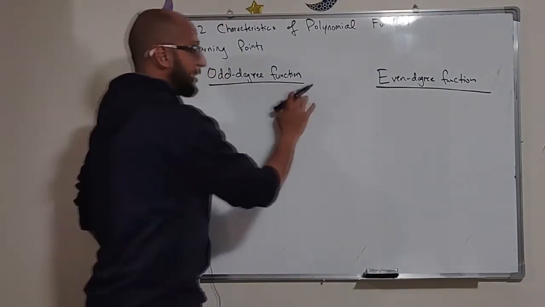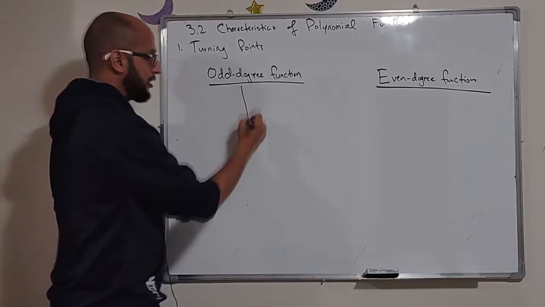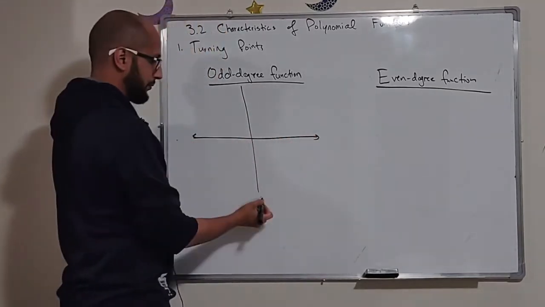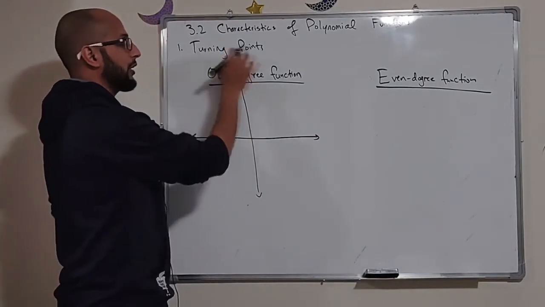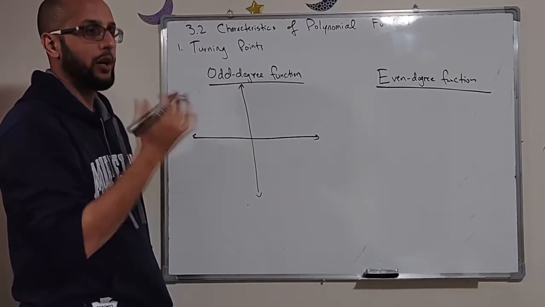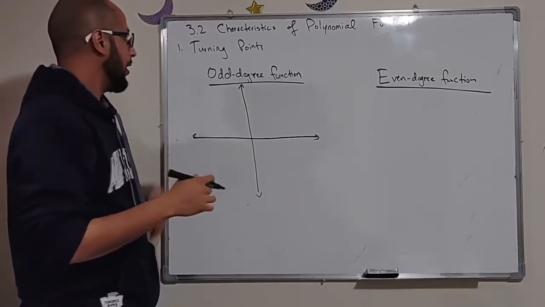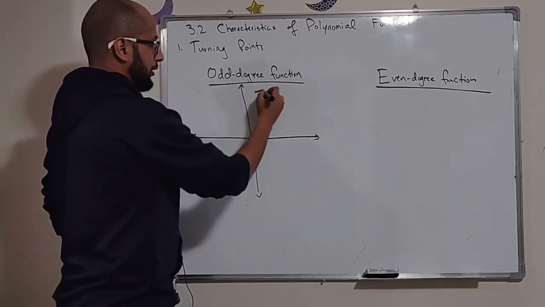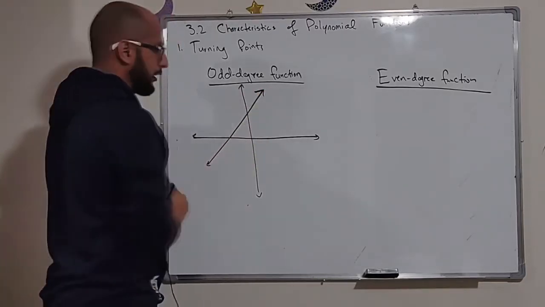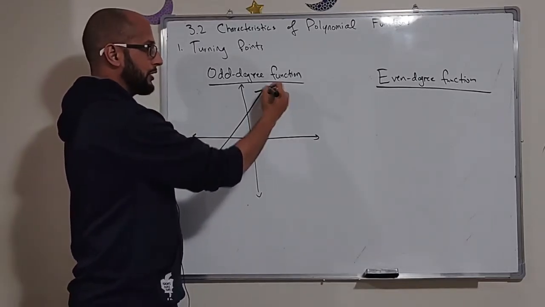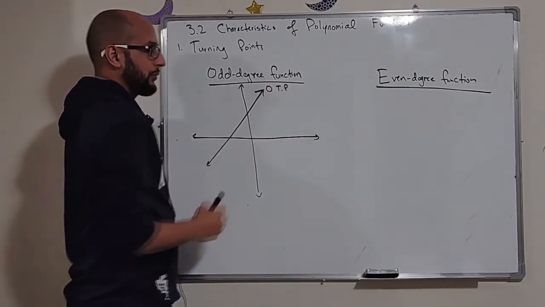Now, for odd degree functions, let's get an understanding of the number of turning points. So I do want to specify here, when we're looking at turning points, this characteristic is looking at the quantity of turning points you can have. So I'll give you an example. In a line, there are no turning points. So 0 turning points.